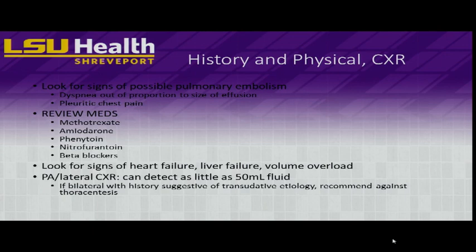The most important beginning part of the workup is a good PA and lateral chest x-ray. The lateral film can detect up to 50 milliliters of fluid. And again, if you have a history suggestive of transudative etiology with bilateral effusions, even if one is small and one is particularly large, you don't necessarily have to do a thoracentesis as part of their workup.